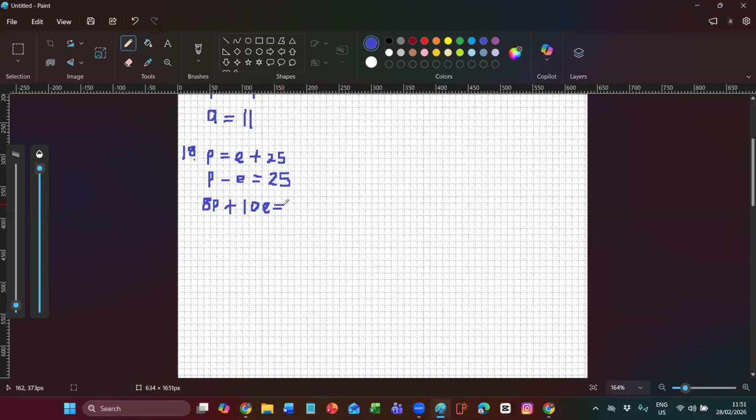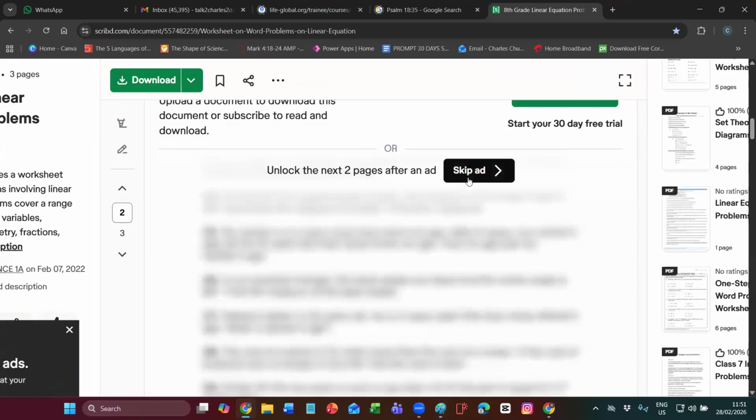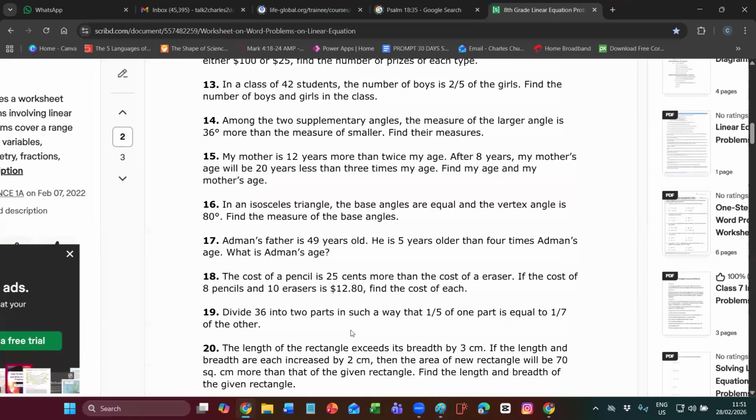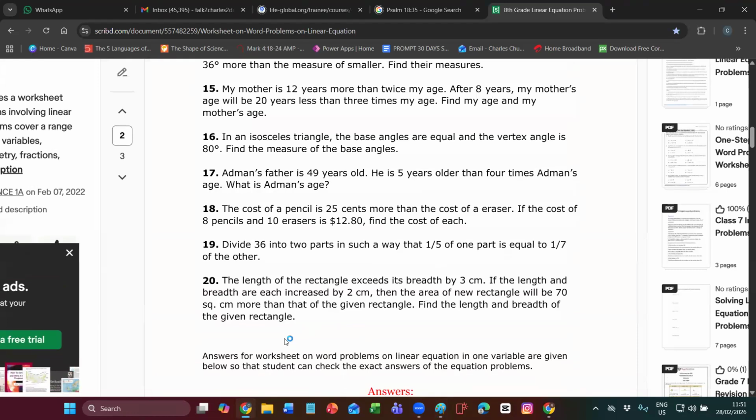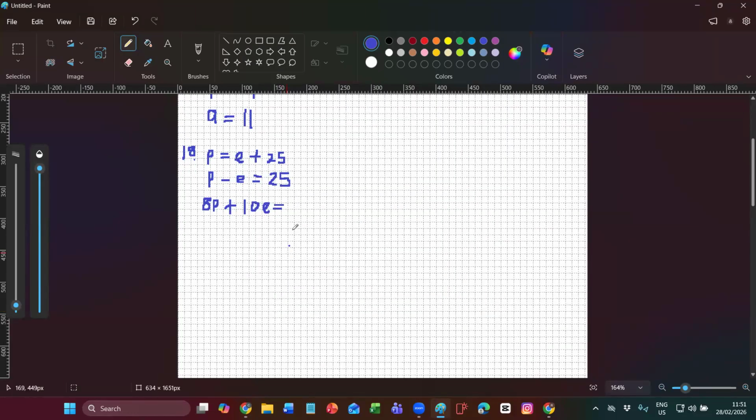So 8P plus 10E is equal to what, according to the question? 12.80. Now you know what I'm going to do? Because the first sentence is in cents, I'll convert that second one to cents by multiplying by 100. So that's as good as just removing the decimal point. So that's 1,280. Okay, so are we good with that?